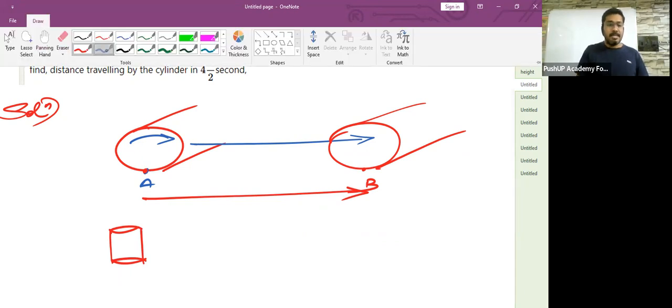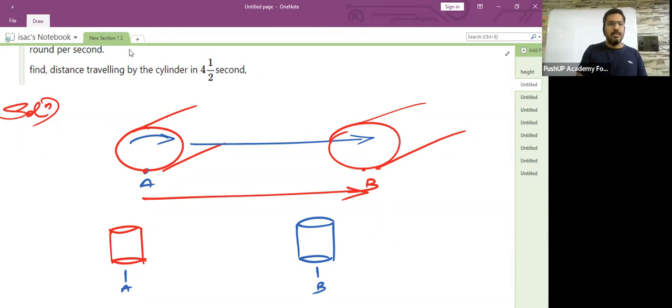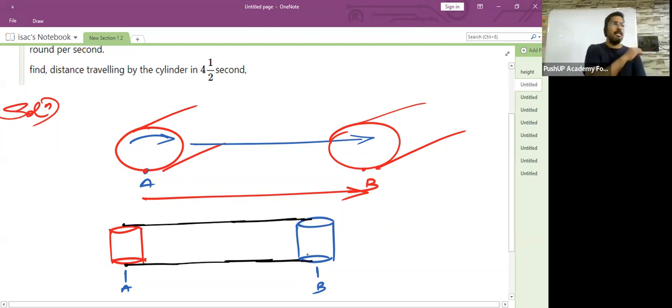And imagine it started moving from this point, point A. And it has to reach this point B. If I ask you, what would be the area covered by this cylinder while moving from point A to point B?